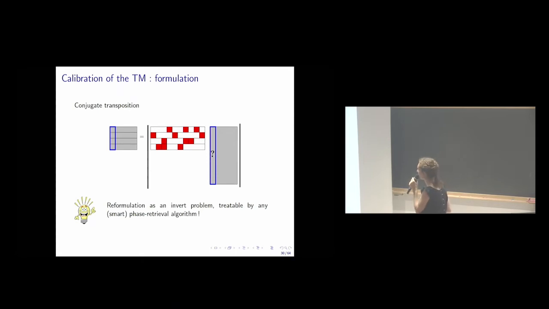So the idea is that I can estimate each line of my transmission matrix, one after the other, by considering each row of my speckle matrix.